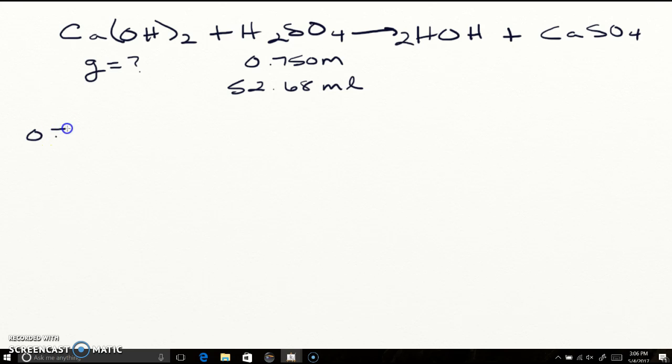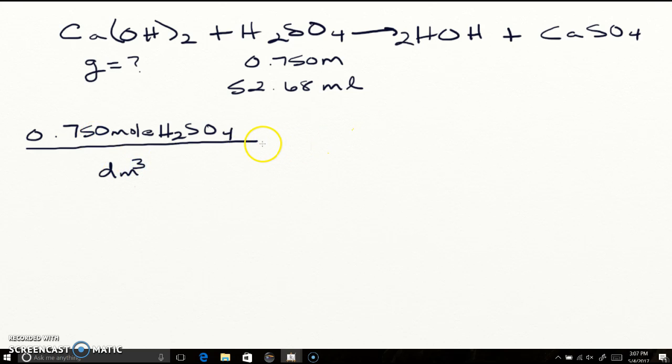So I take 0.750 moles, I'm going to break it up, of sulfuric acid, and it's per decimeter cubed.